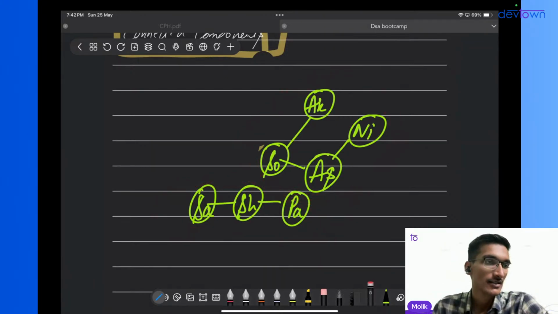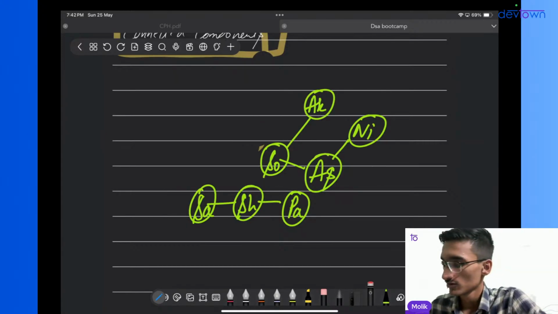You can see it. So what is a connected component?